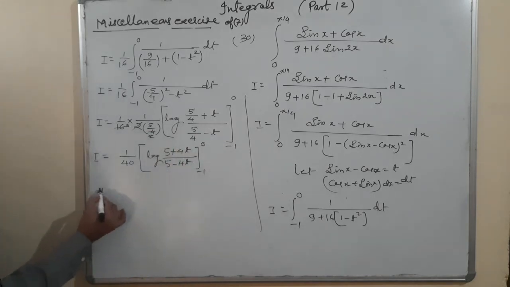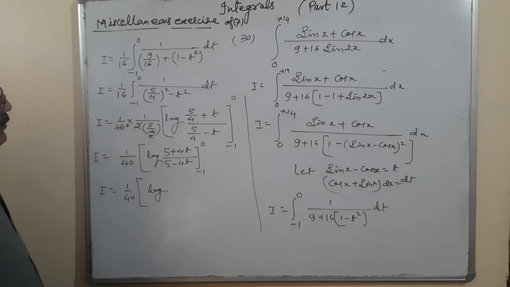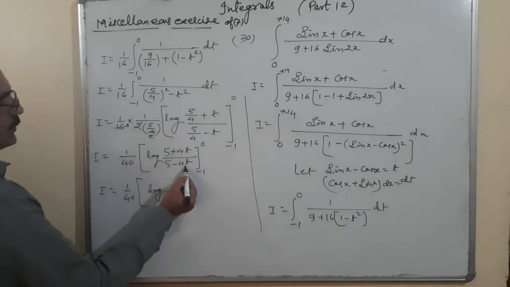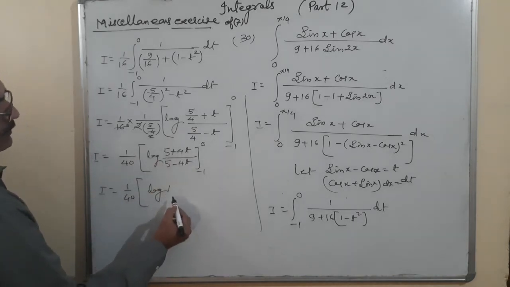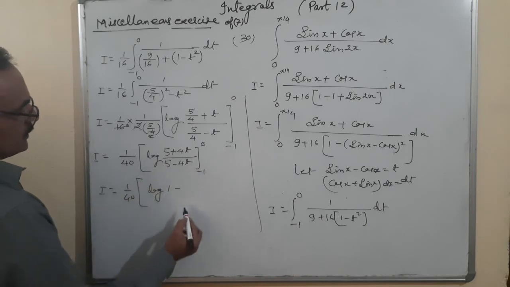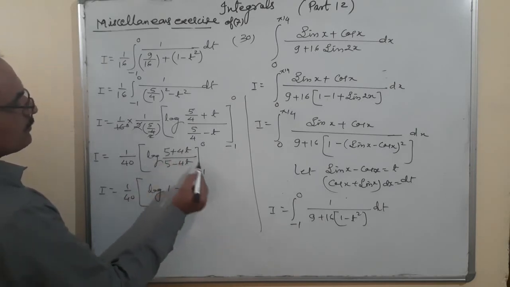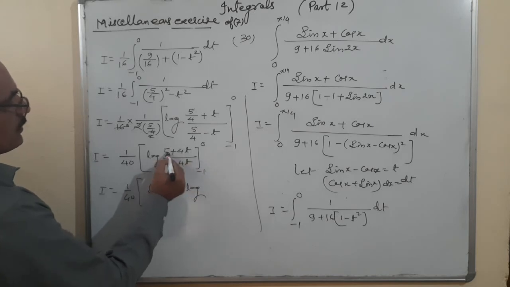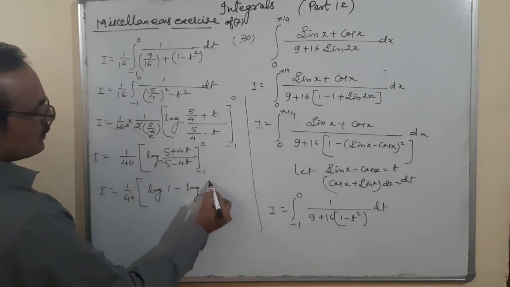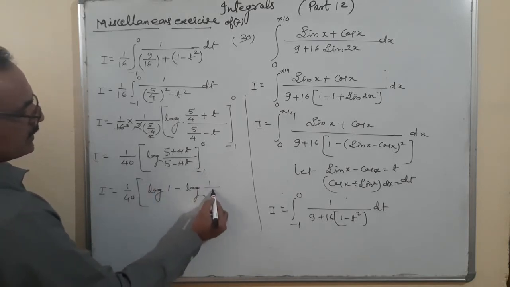I is equal to 1 upon 40 times the upper limit log, when I put 0, it is log 5 upon 5, which is log 1, minus, when I put lower limit minus 1, it is log (5 minus 4) upon (5 plus 4), that is 1 upon 9.